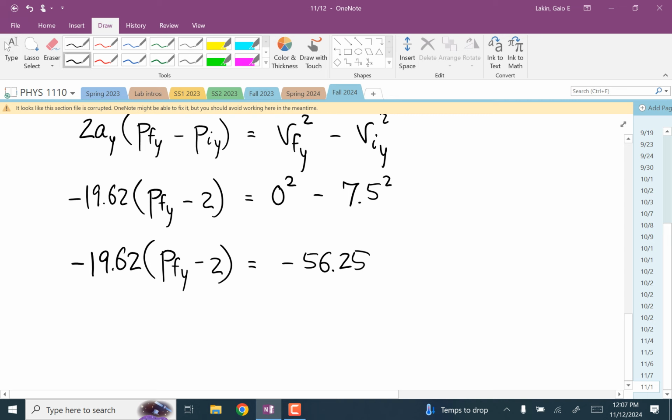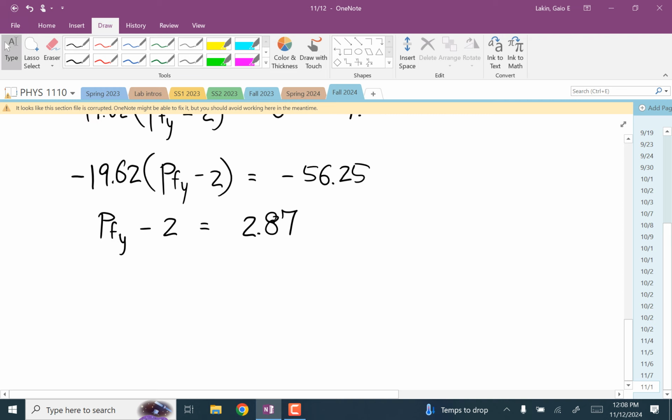Divide both sides by negative 19.62, and you get that pfy minus 2 is equal to 2.87. Add 2 to both sides, and pfy is equal to 4.87 meters.